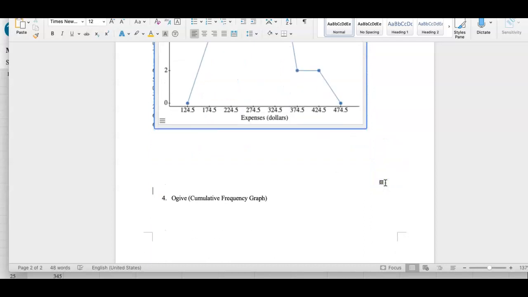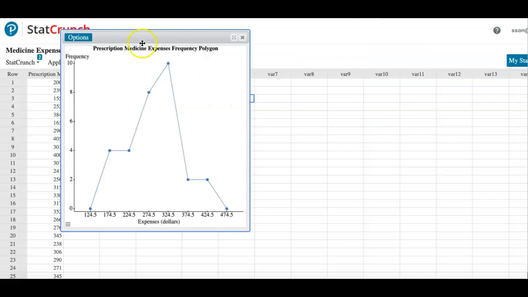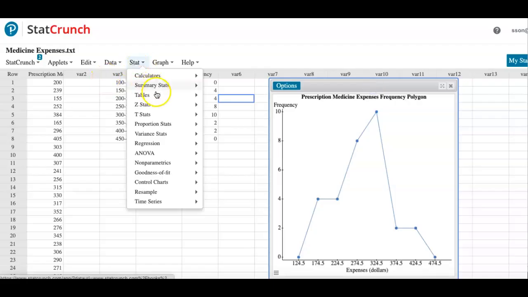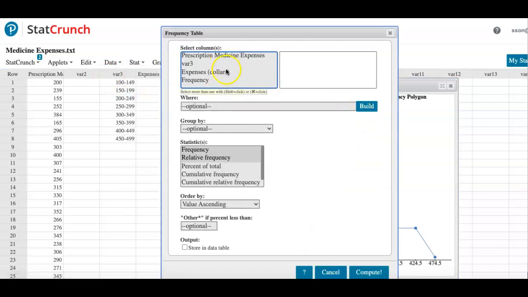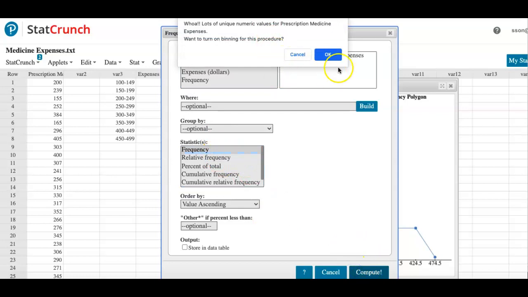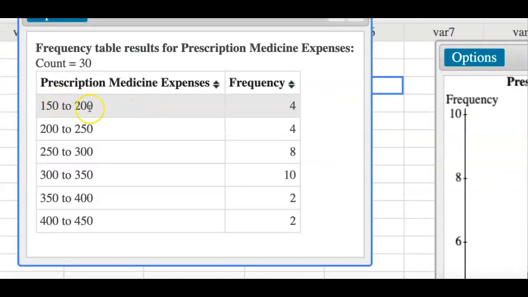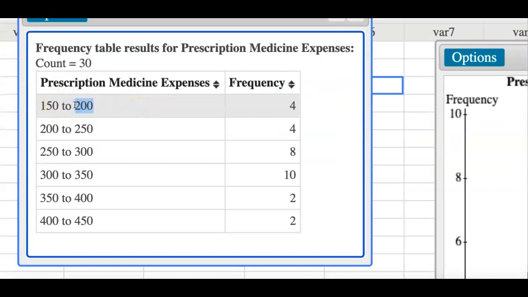But what frustrated me a little bit, and that's why it took me some time to create this video, is that when I create a frequency table using StatCrunch, you guys saw it, right? I hate what they did. See? They made those classes look like they are overlapping. Instead of 200, they should have put 199 so that it doesn't overlap with 200.